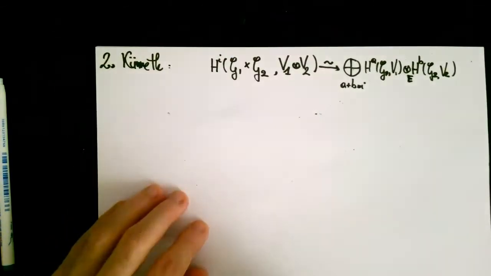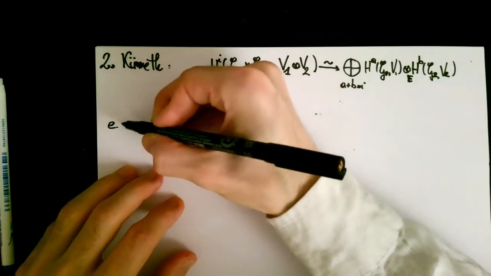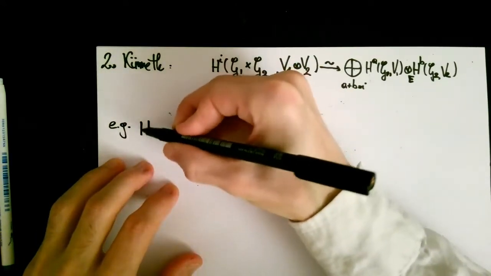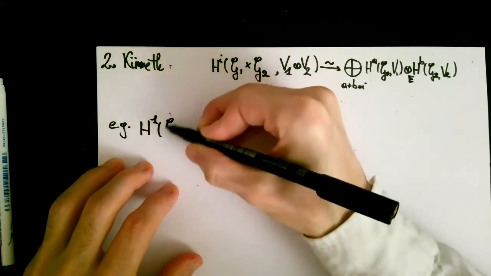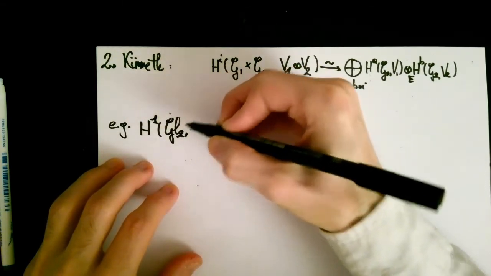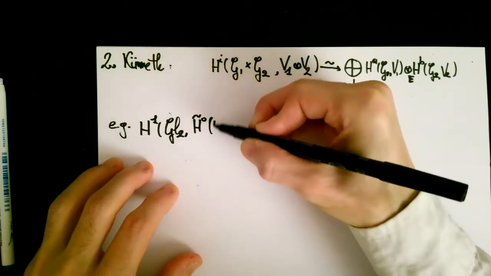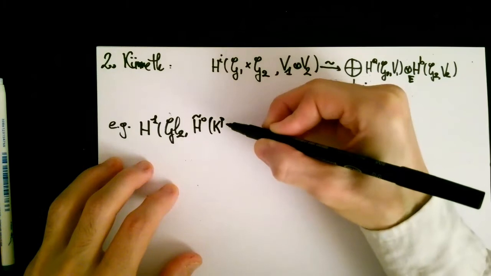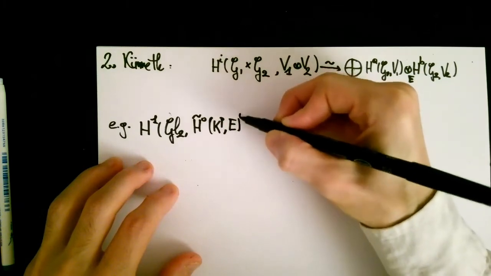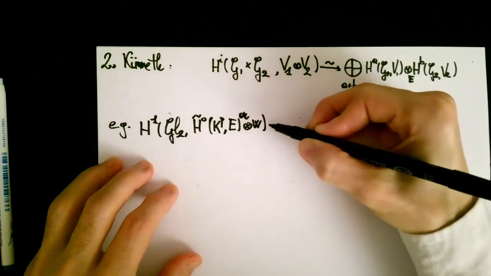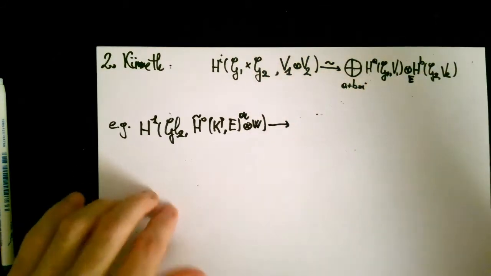And hence, let's give it very explicitly. If I take the H^1 of G2 of my H tilde 0, K^p, E analytic tensor V, this is going to be isomorphic to the following.